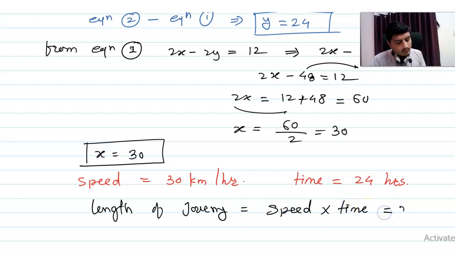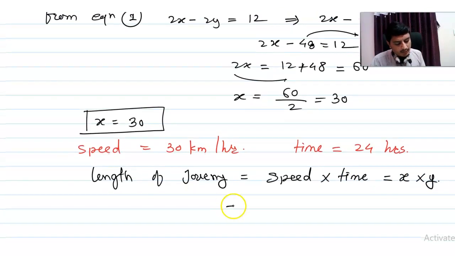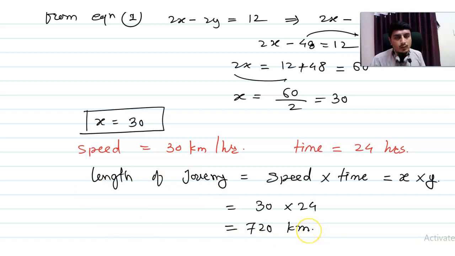Originally the speed is x and the time is y, so x into y. The value of x is 30 and the value of y is 24. 30 into 24 we get 720, the unit is kilometer. So the length of the journey is 720 kilometers.